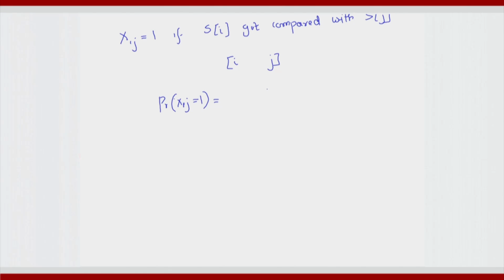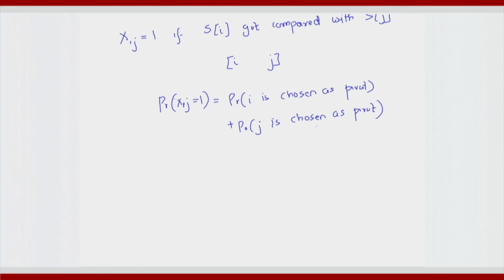What does that mean? Well, i and j get compared if either i was chosen as a pivot or j was chosen as a pivot. It is not necessary for i and j to be compared at all if something in between got chosen as a pivot. So therefore the probability that xij is 1 is the probability that i is chosen as pivot plus the probability that j is chosen as pivot.